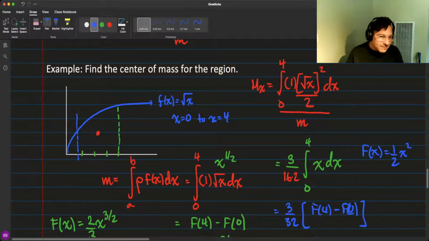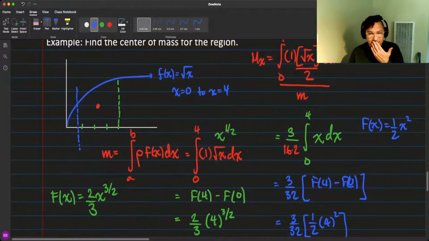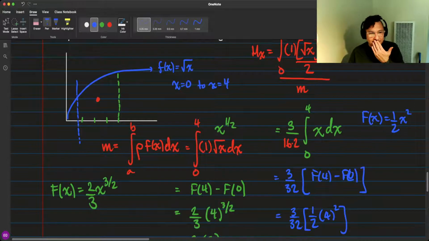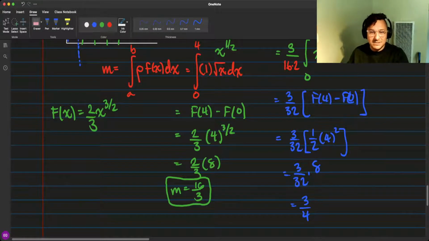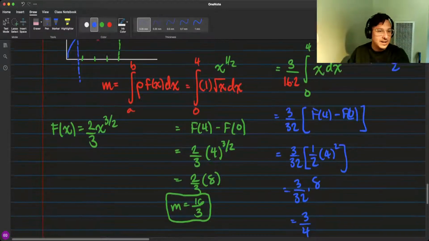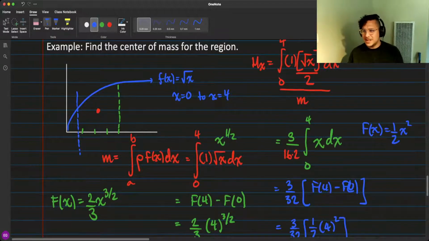That just doesn't seem right to me. I'm looking at this number and I'm freaking out that something is wrong. It doesn't seem to me, when I look at this, that the center of mass should have an x value right there. So I'm wondering what is going on. I made a mistake somewhere.